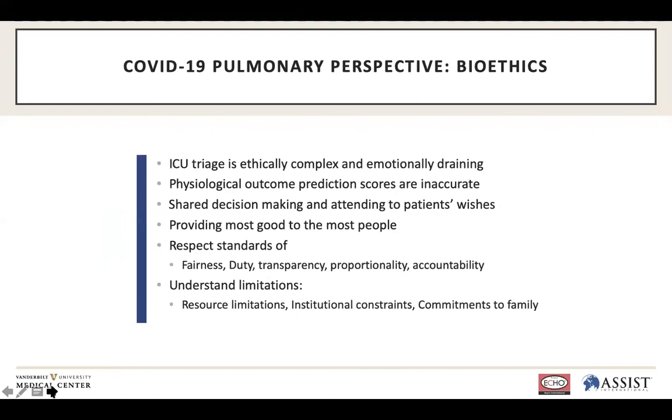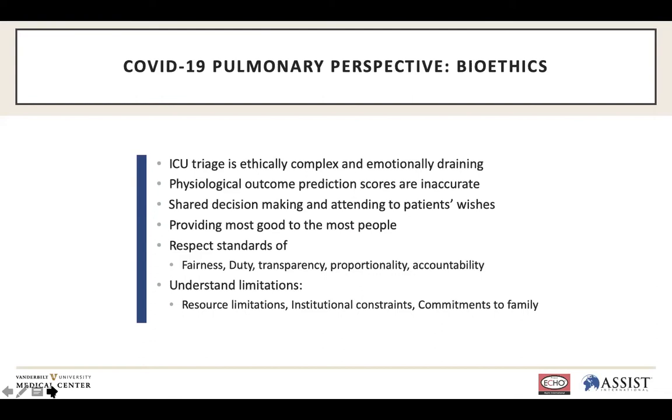Ethical questions come all the time in these situations where we need to do some triaging of ICU care. It's a very complex problem and it's emotionally draining, very difficult times. We need to prioritize eventually based on physiological outcomes. And we can try to predict morbidity and mortality on patients.